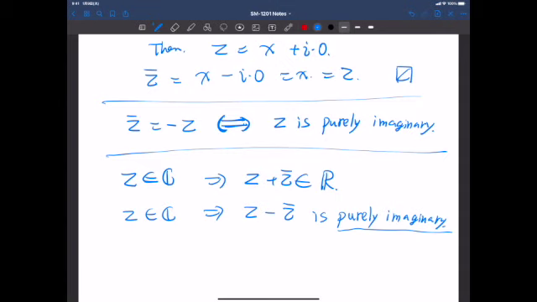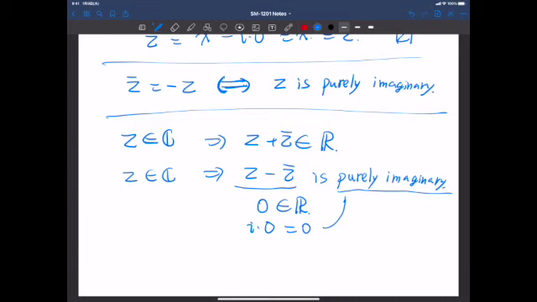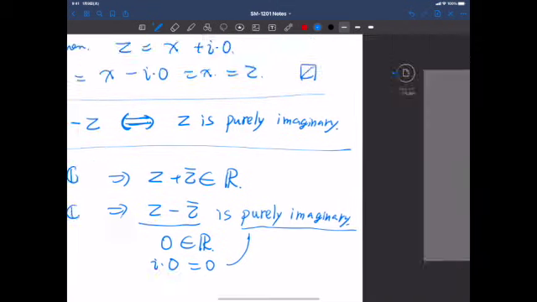So, for example, is 0 purely imaginary? 0 is a real number, but i times 0 is 0, but still we consider this as purely imaginary. Okay, this is just a convention. Otherwise, this claim doesn't hold. Okay, and I think this is also easy. So this is another exercise.